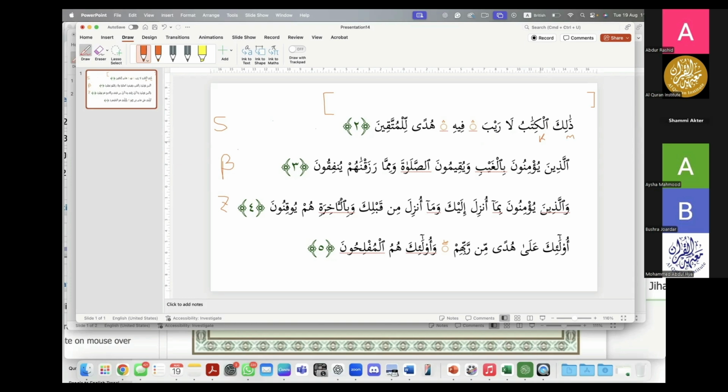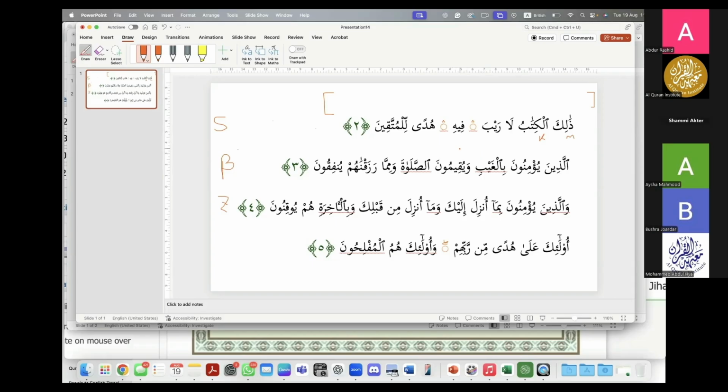Al-Kitabu, the khabar starts from here. Where does it finish? La Raiba Fihi, the book, no doubt in it, with the guidance for the muttaqin.